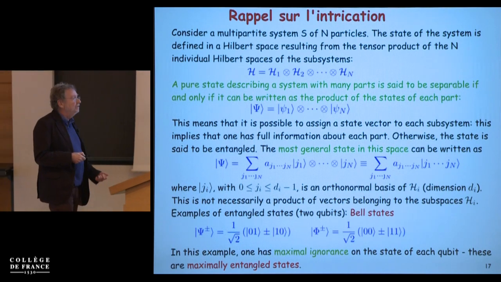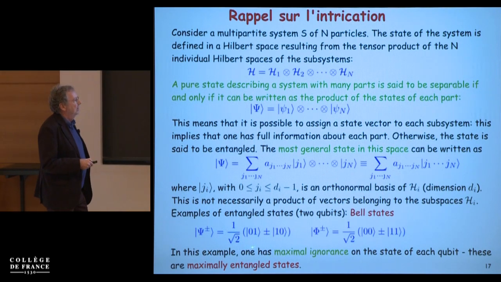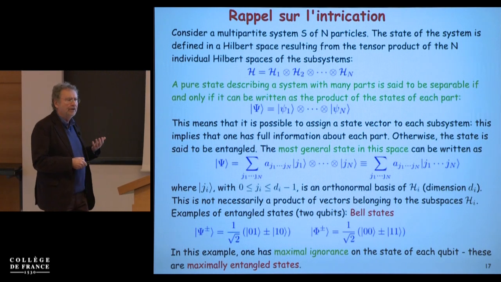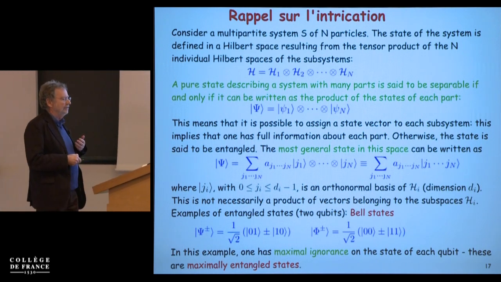That means complete ignorance. So in this example, one has maximal ignorance of the state of each qubit, and because of that, it's called a maximally entangled state. And the ignorance is actually a measure, in this case, of the entanglement of the state.